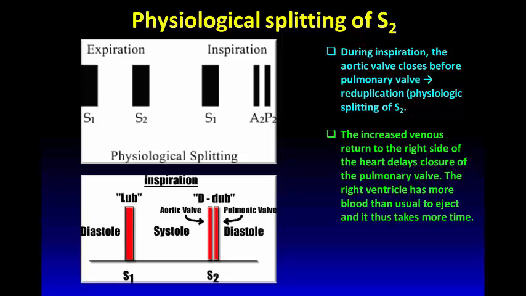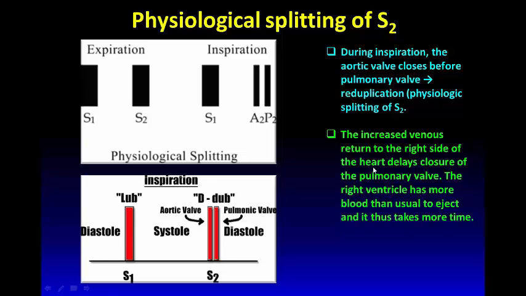The hemodynamic basis of this normal physiological splitting of the second heart sound is because during inspiration there is increased venous return to the right side of the heart.